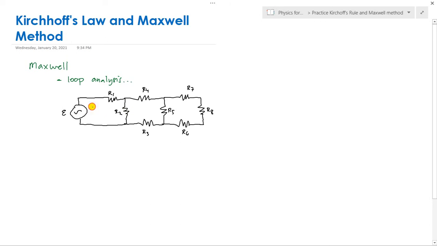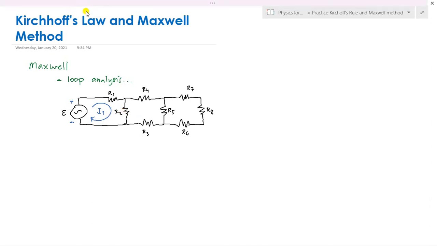Let's say, in the first loop, I only have a single direction of current here, so that is I1. Then please indicate the sign of the terminal sides of your power source. Of course, this does not mean that the current passing through R2 is only I1, since R2 is also associated with the second loop.